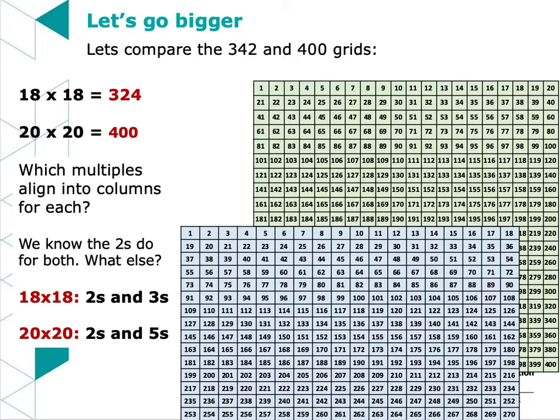Which multiples align into columns for each? We know the 2s do for both, but what else? Well, for the 18 by 18 grid, it's the 2s and the 3s that go in the same column. And for the 20 by 20 grid, it's the 2s and the 5s.